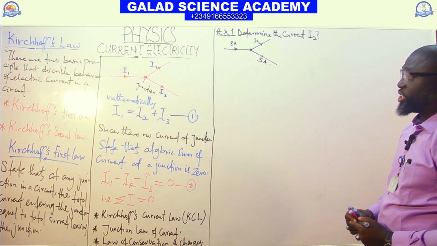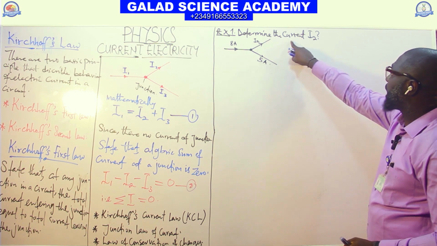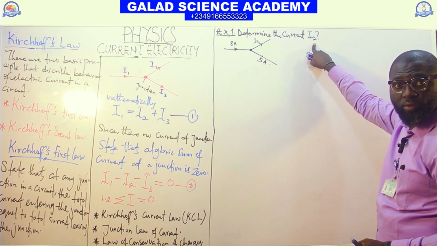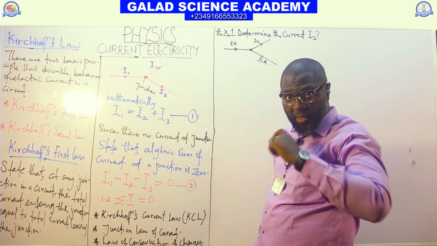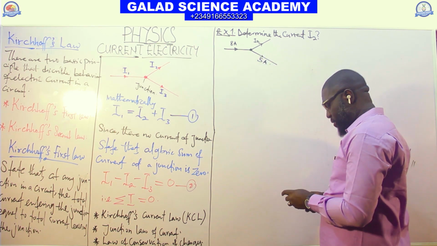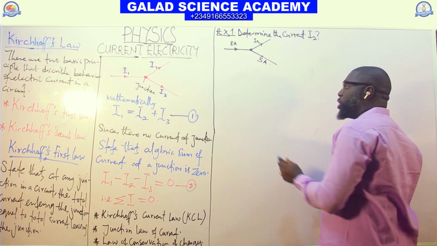So we are given this sketch, and you have to determine the current I2 from this diagram. Let's solve it together by applying the rules.